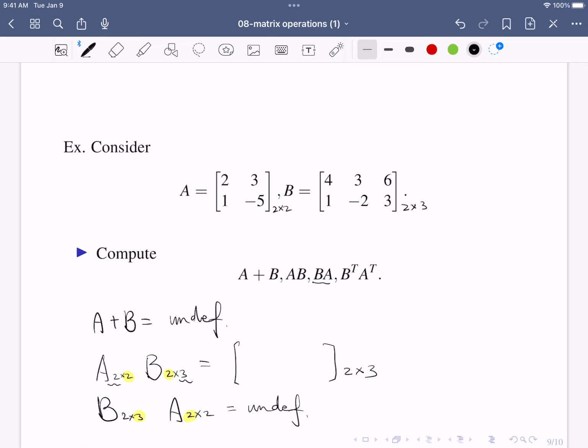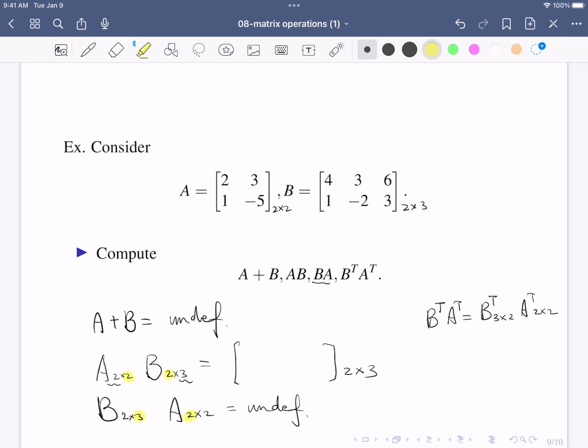And what about B transpose A transpose? B transpose means you put rows into columns, so 2 by 3 becomes 3 by 2. A transpose is another 2 by 2.